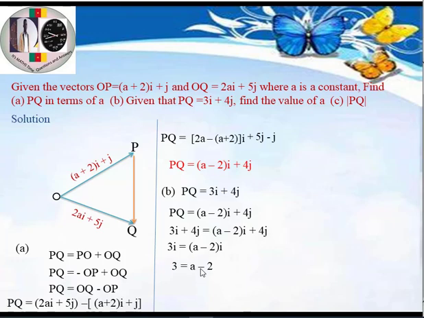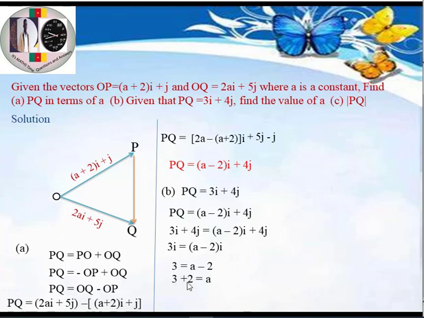But if the minus 2 goes to meet up with 3, because they are constants, the same terms, then minus 2 crossing over to the other side to meet 3 will become positive. So in that case we will get 3 plus 2 equals a.